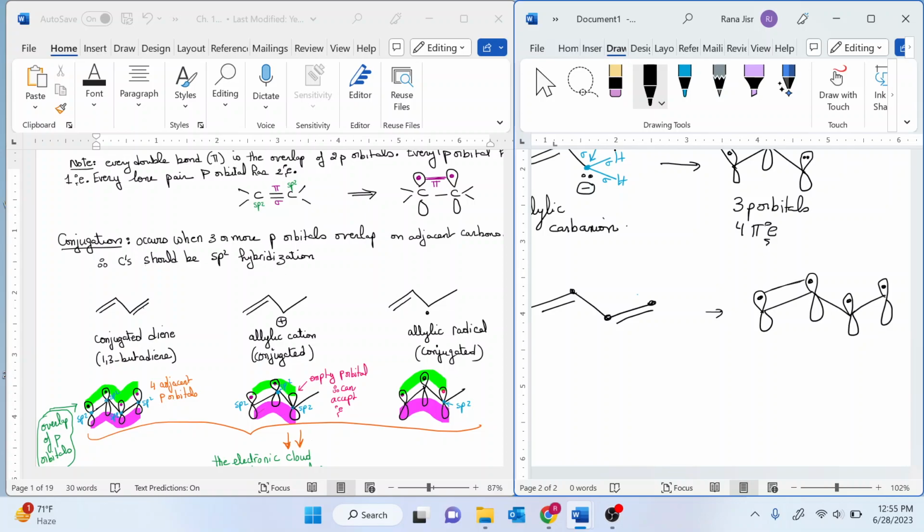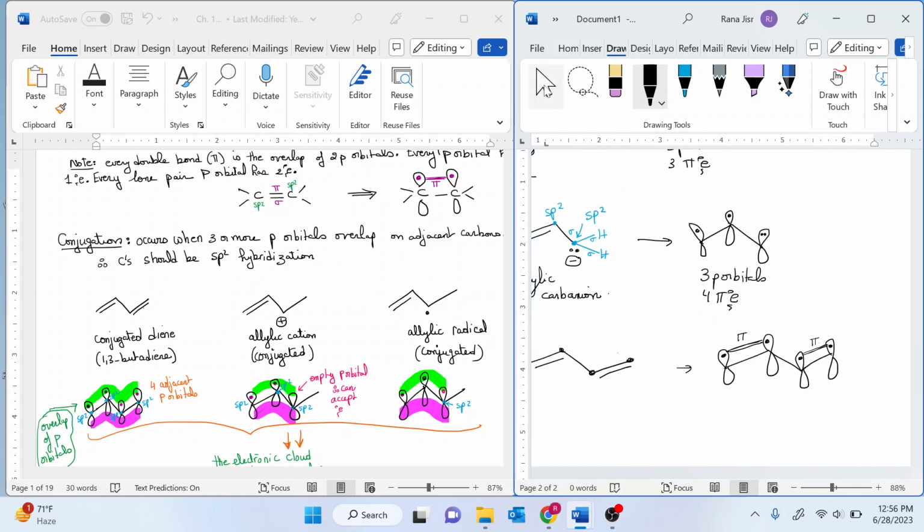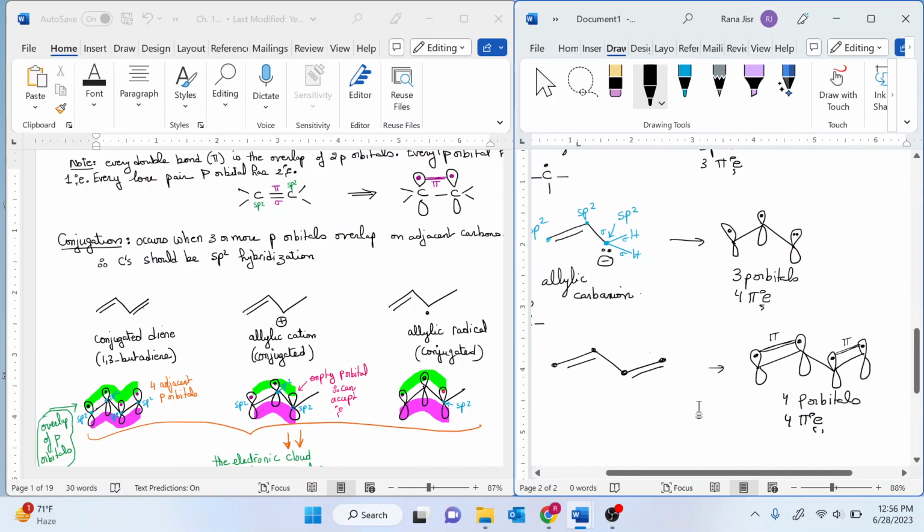So these 2 overlap with each other and make a pi bond. These 2 overlap with each other and make a pi bond as well. My system has 4 p orbitals and 4 pi electrons.